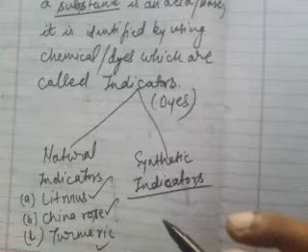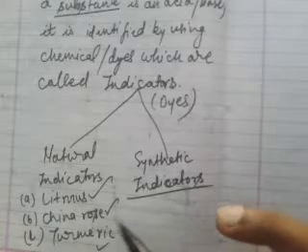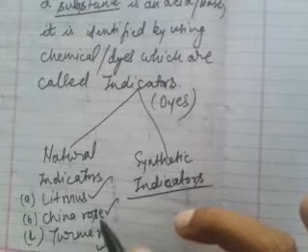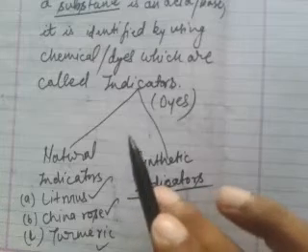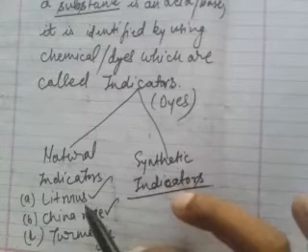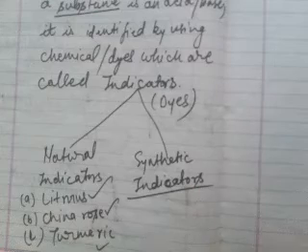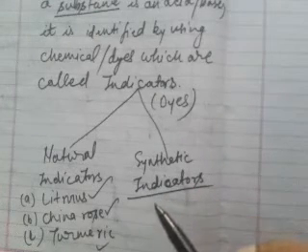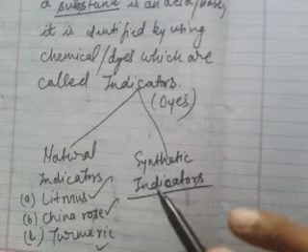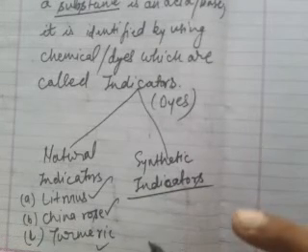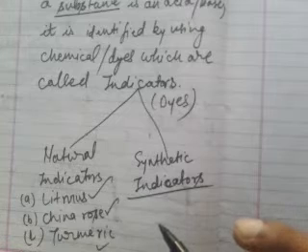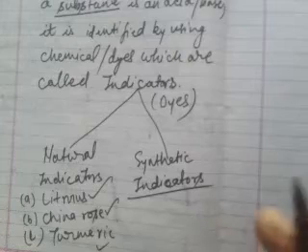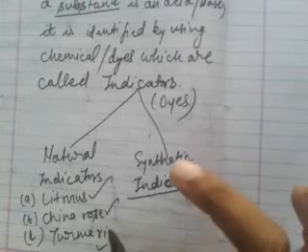When we use these indicators in the substance, they change their color, and the change of color signifies that the given substance is an acid or a base. So what color they change to is the main point to understand about these indicators.